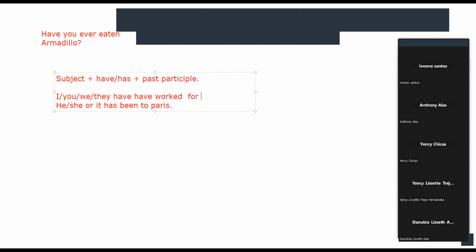I have worked for 11 years, almost 11 years. They have finished their homework. We have finished our homework, and so on. That's when we use it.